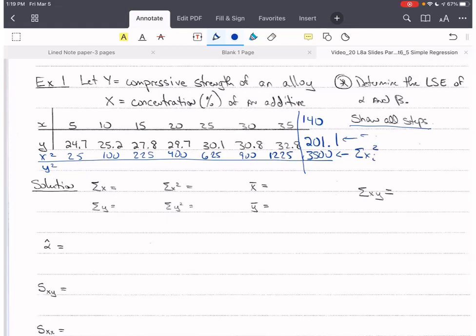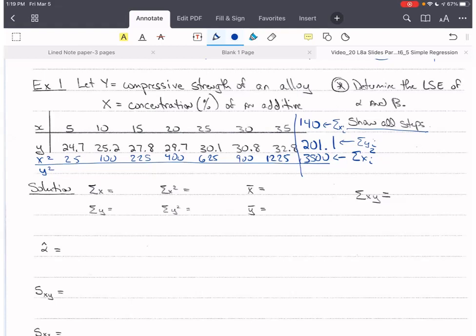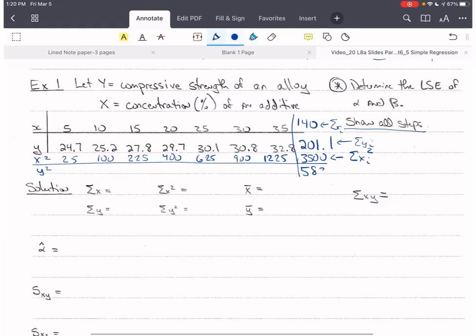This is the sum of yi. This is the sum of xi. Then if we did the same thing with the y's, which are a little messier, we would get that the sum of yi squared is 5830.55. This is the sum of yi squared.